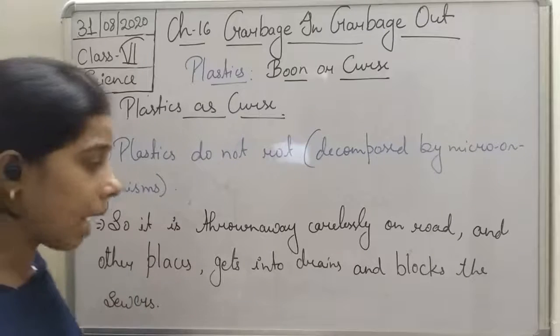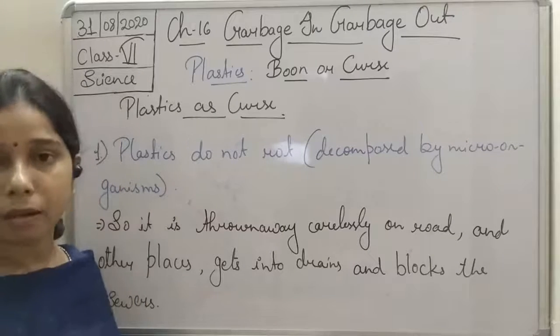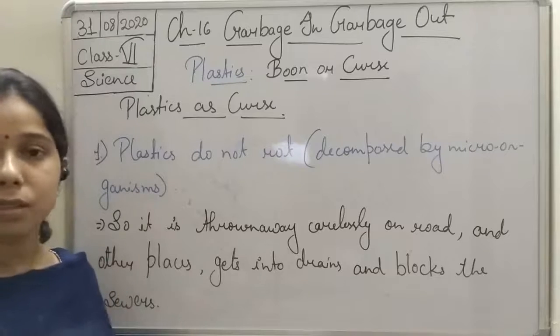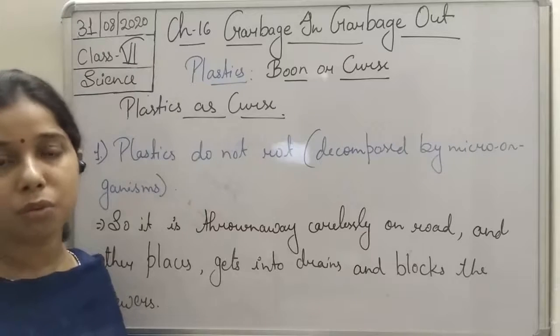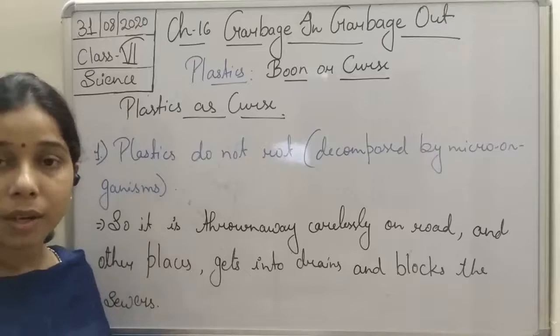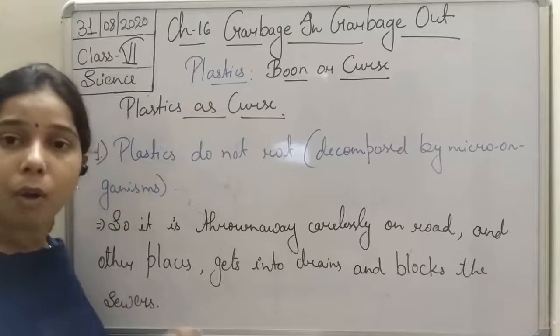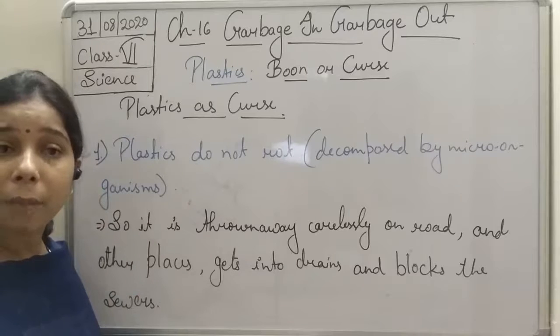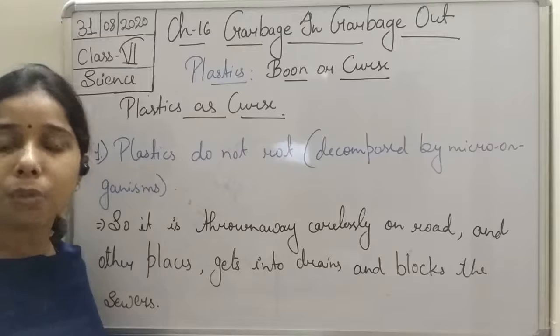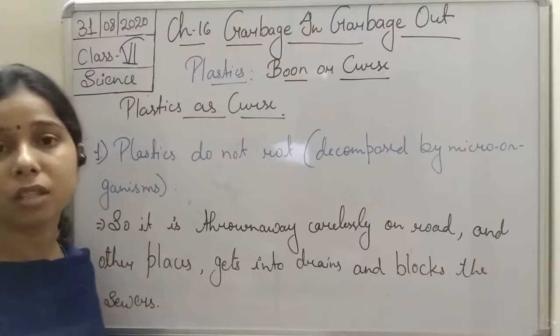So these plastics which we throw carelessly on the road and other places finally go into the drain and block the pipe. And as the pipe gets blocked, students, what will happen? The dirty water in the sewer will come outside onto the road and enter the city.